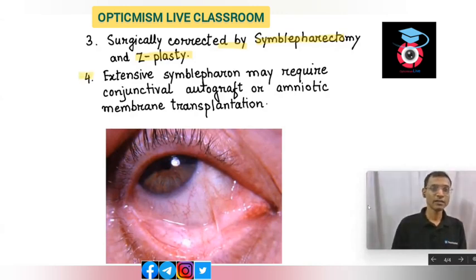And finally, in case of recurrent symblepharon, because of changes in the nature of the genes of the cells in that area where symblepharon is recurrently developing, conjunctival autograft or amniotic membrane transplantation is required to correct recurrent extensive symblepharon.